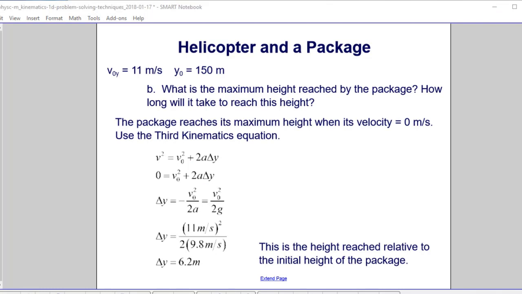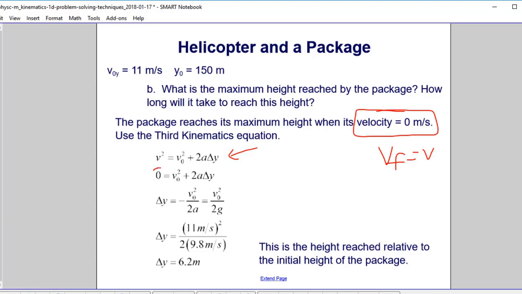We now want to find the maximum height reached by the package, and how long it will take to reach that height. We know that you reach a maximum height when your object has a 0 velocity. So since we want to find a displacement or a distance, and we know the acceleration and our initial velocity, and right here this is going to be our final velocity, or v, that's the third kinematics equation.